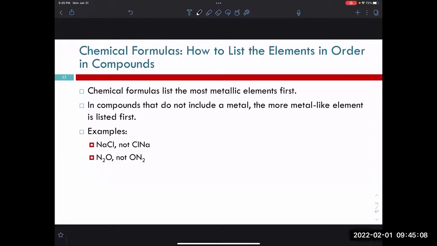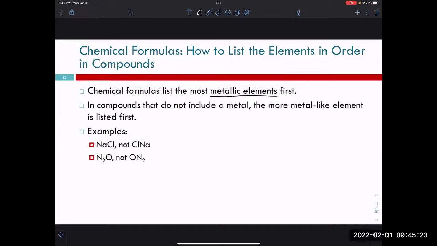Because this will be important, and this is part of the nomenclature worksheet, is practicing how to write out elements. In chemical formulas, we list the most metallic elements first.